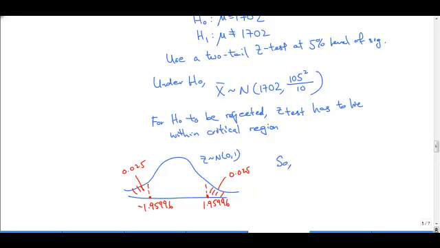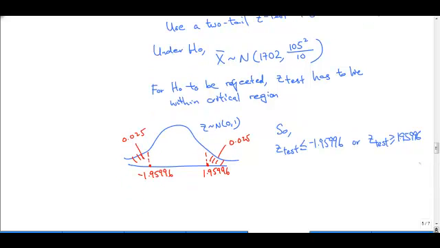Since I need the z-test statistic to be inside the critical region, we need z to be less than or equal to negative 1.95996, or z has to be more than or equal to 1.95996.